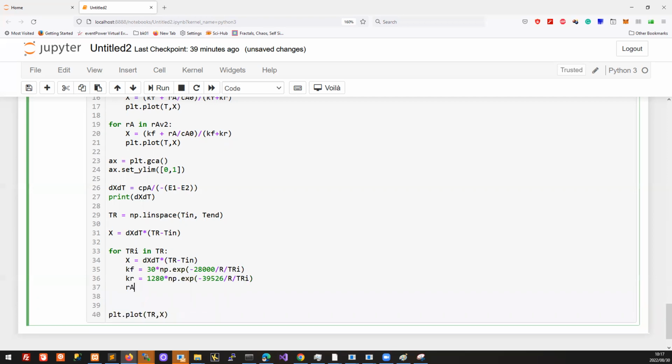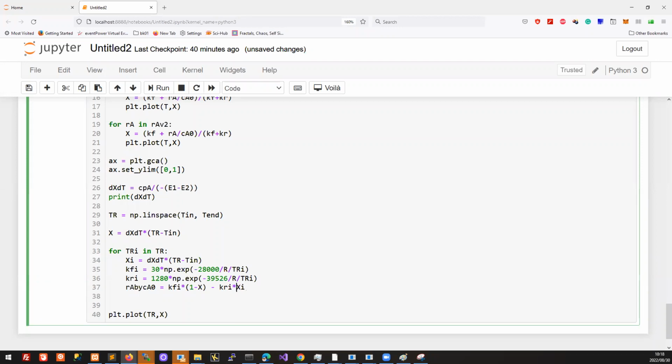So the reaction rate RA is RA by CA naught. That's actually what we are plotting. So this is equal to KF times 1 minus X. And so the X value is here, and KF. Maybe I don't want to overwrite that earlier KF, so I'll just say KFI, and then minus KRI times X. So maybe this X I should call XI as well.